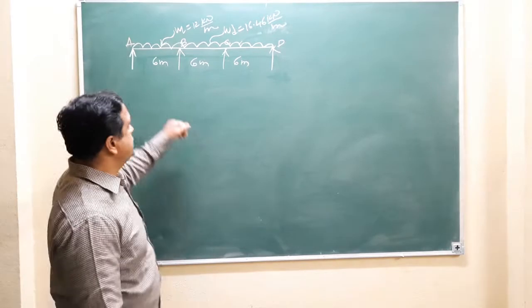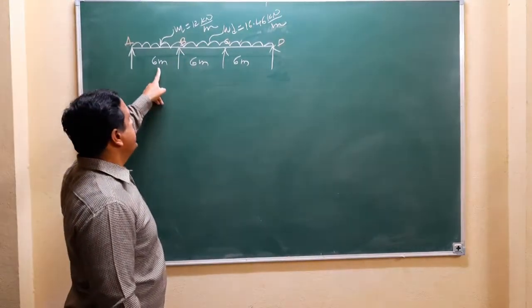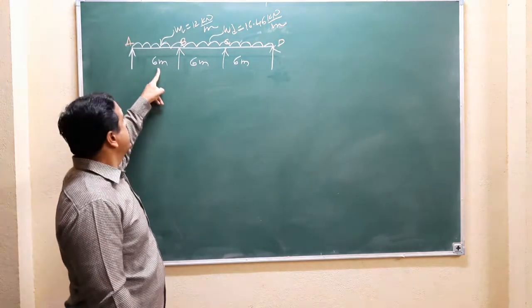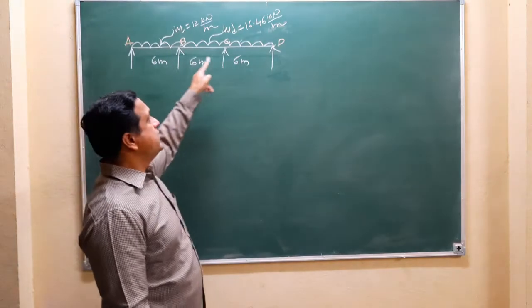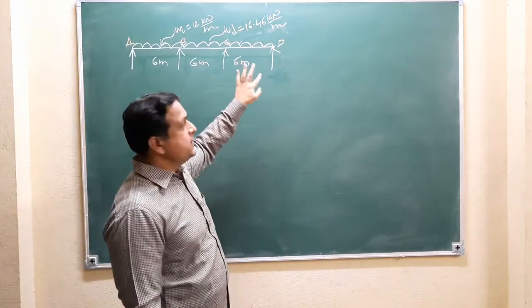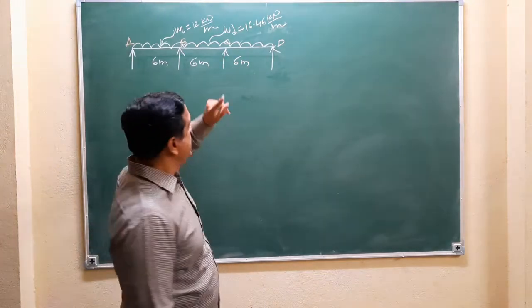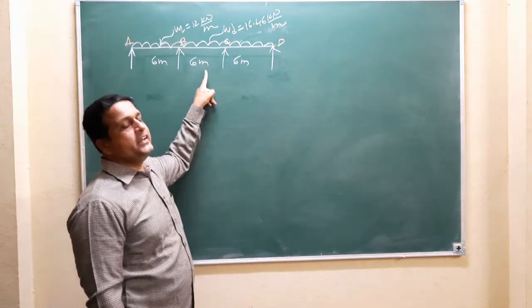First you have to find out the span moments. You have to find out the end span moment at AB. If you find the end span moment AB, you get the end span moment CD because it has the same loading and same span. Then find the bending moment at the interior span.